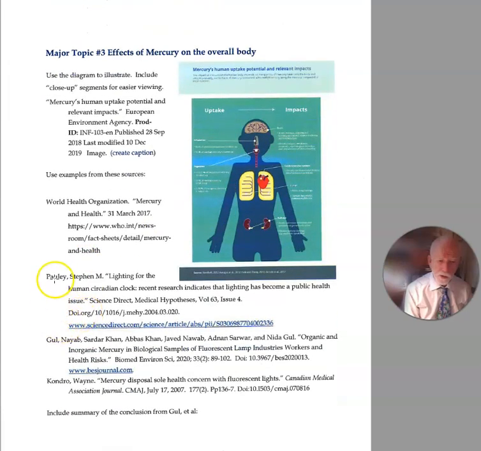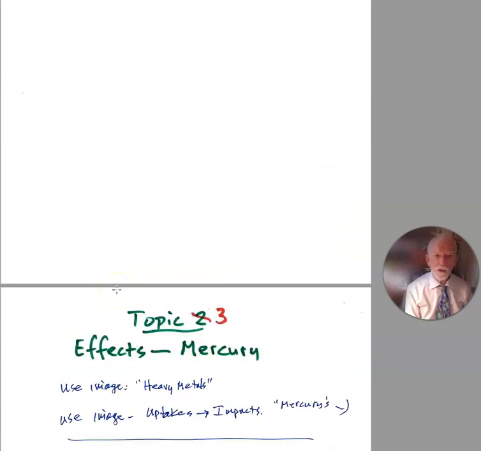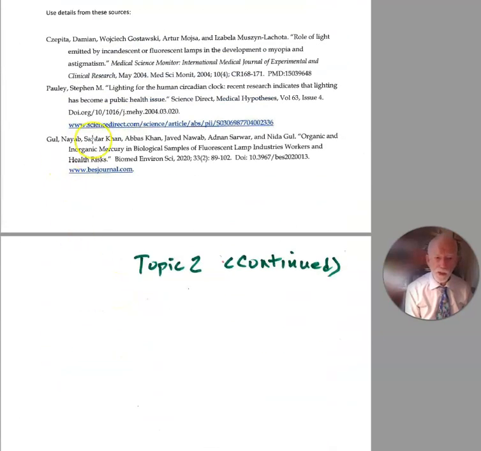He's planning on using details and examples from this World Health Organization bulletin, a tertiary information one, and he has this in-depth study, and he has this article here. Now you notice that this one by Gould et al., he's using that same source here for the one on vision.